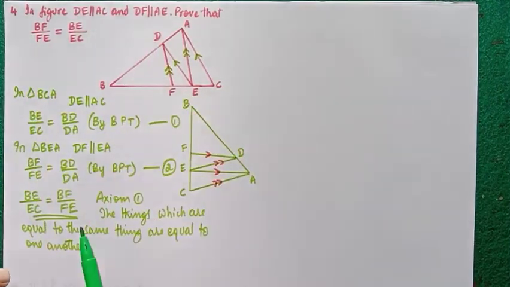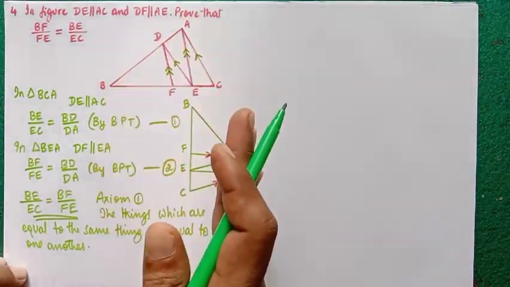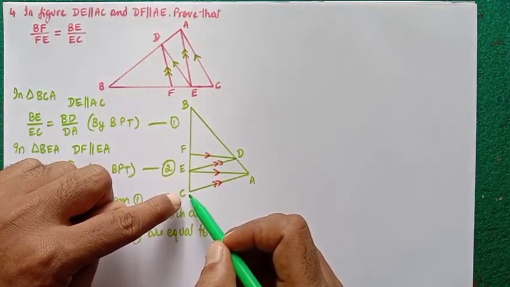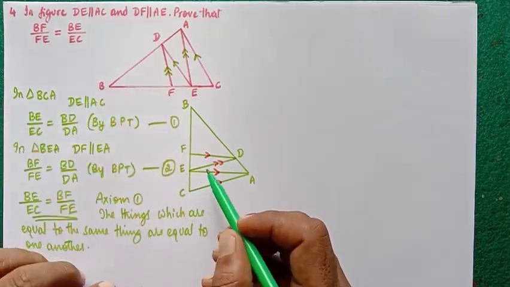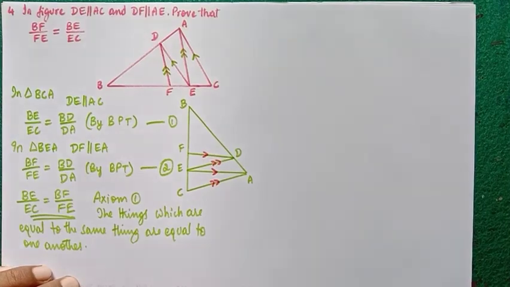For better understanding of this problem, I have redrawn this picture by tilting it. So B, here C comes here, and E and F are here, and BDA is here.